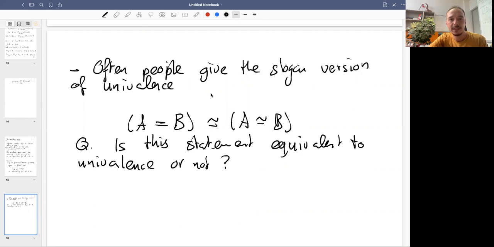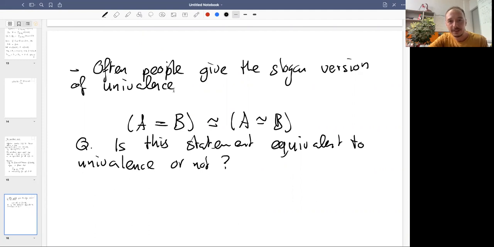So you get a feeling that, okay, there's no reason why REFL should go to the identity equivalence. But still, it turns out to be the case that you can prove the univalence axiom as stated in the definition from this principle. So let's see how that goes.